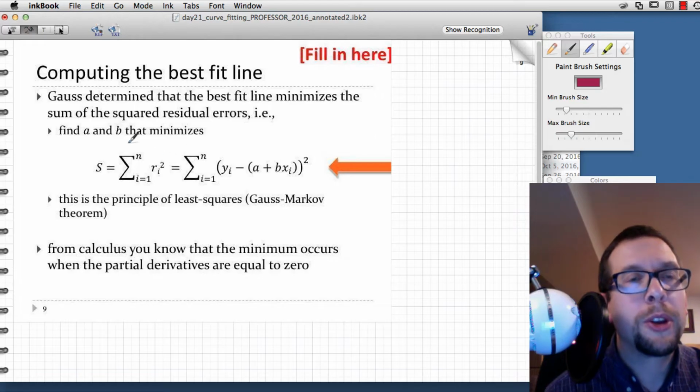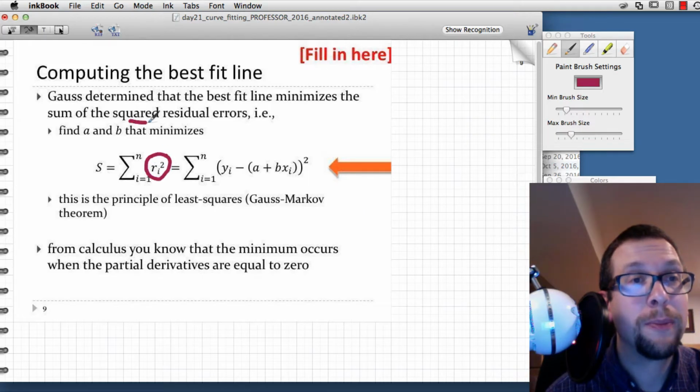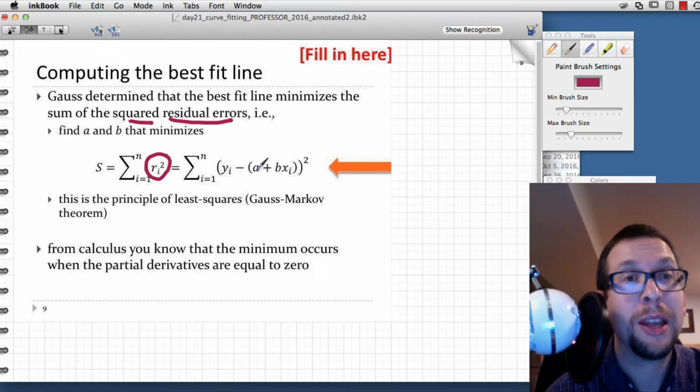The concept was introduced by someone named Gauss, and what we're looking for is to calculate the sum of the squares of the residual errors R sub i. You want to have the sum of these squared values, and that's equal to this particular equation. So R sub i squared is equal to y sub i minus (a plus b x sub i).